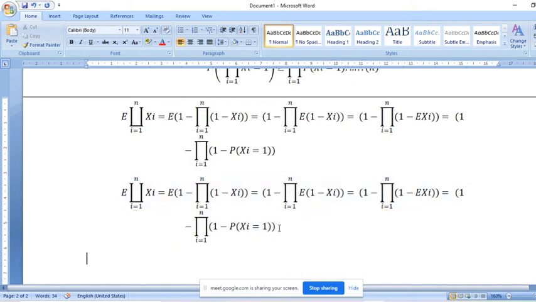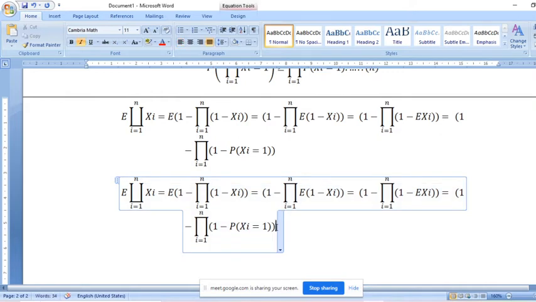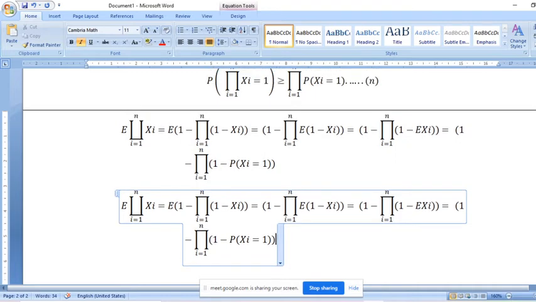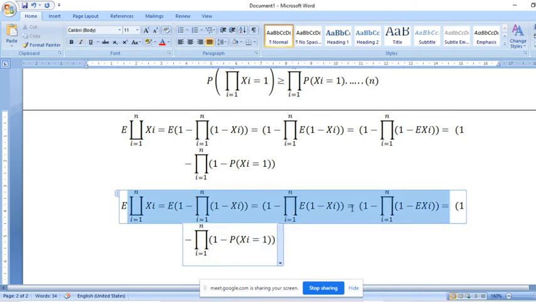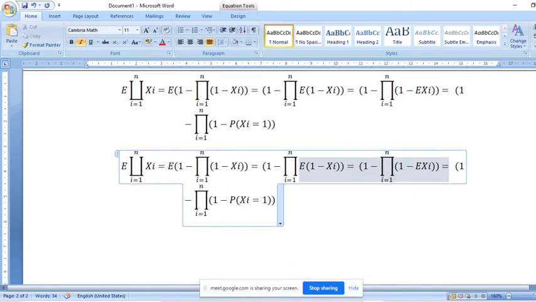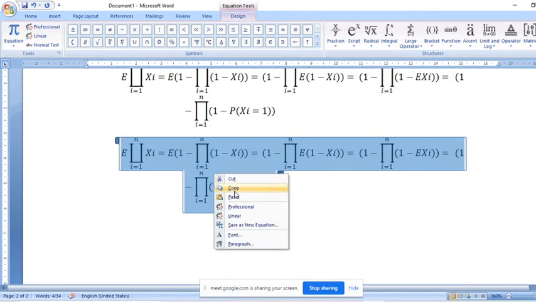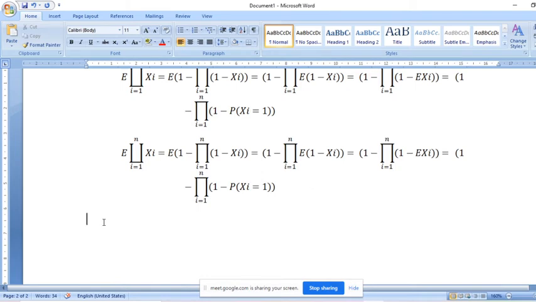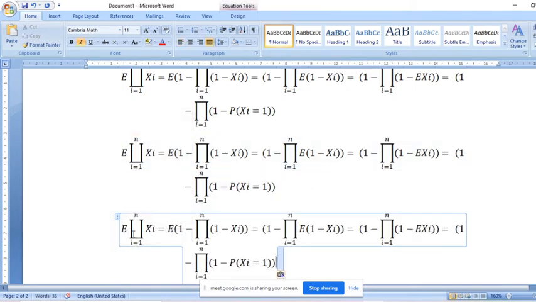Okay, but you know that this should be less than or equal to, because in the case of product... this we can write like this. So what is this actually?